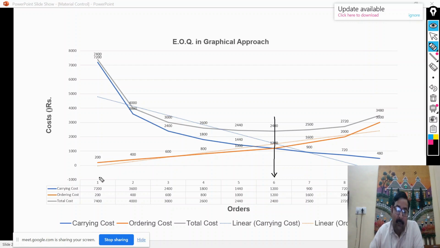If we place one order, the ordering cost is 200, but the carrying cost is this much.